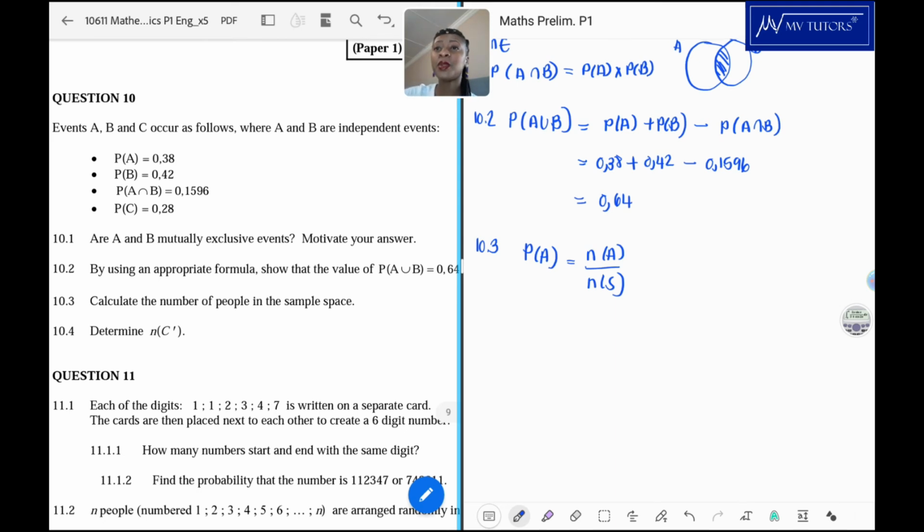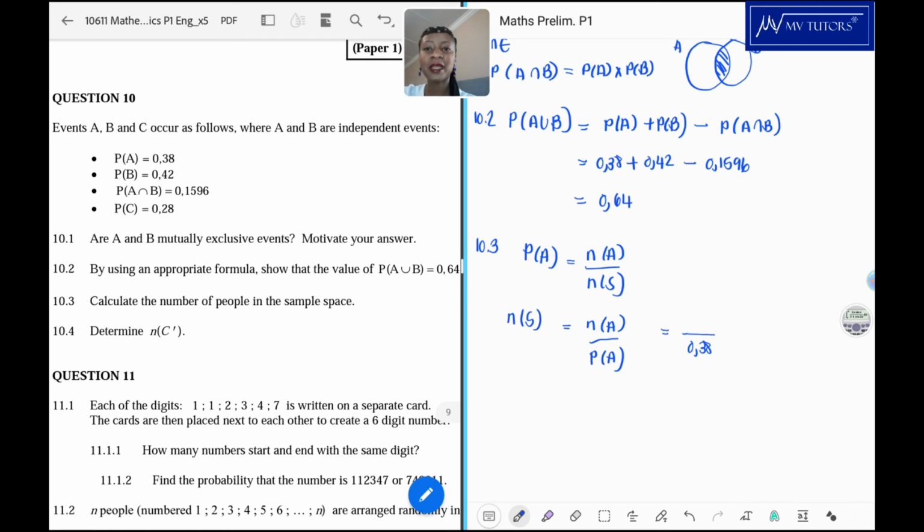I know the probability. I'm looking for the number of people in the sample space. So let me make NS the subject of my formula. I have the number of people in event A over the probability of A. I know the probability of A is 0.38. For the number of people in event A, you can just guess a number, really.